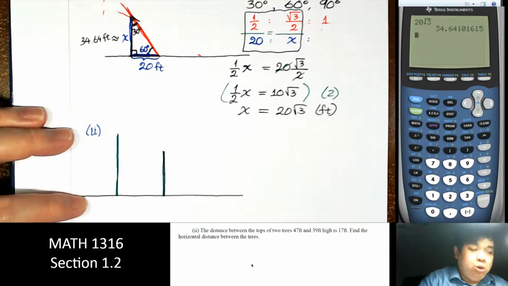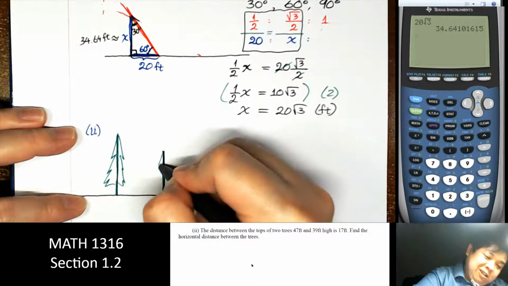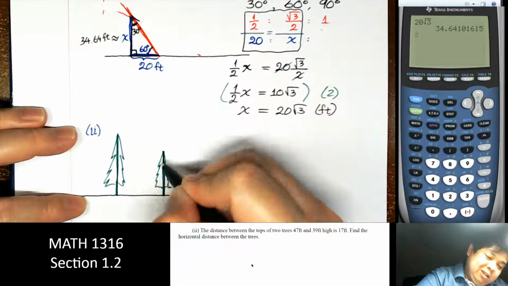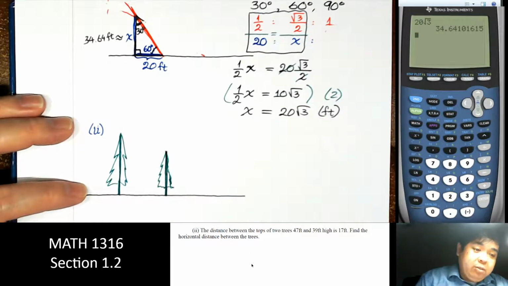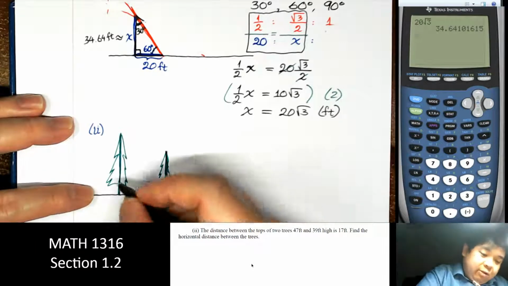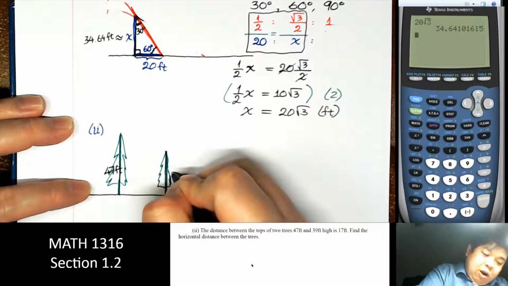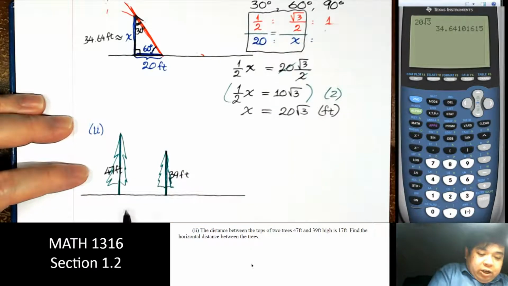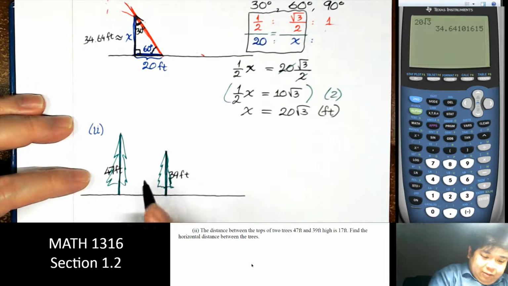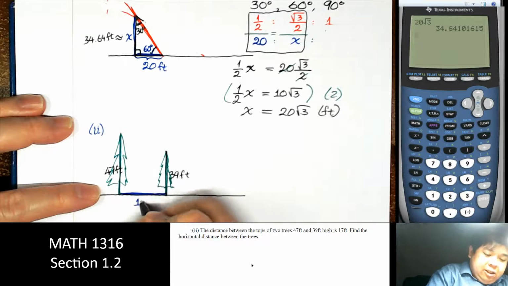Two trees, next to a pine tree. One of them is 47 feet, the other one is 39 feet. The distance between the tops of the two trees is 17 feet.